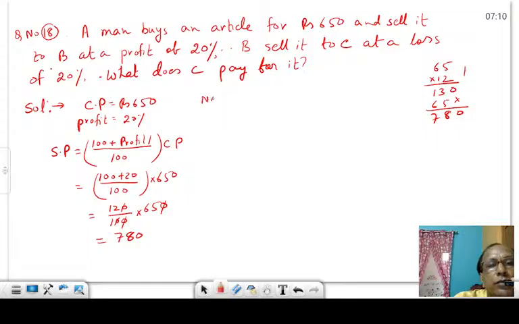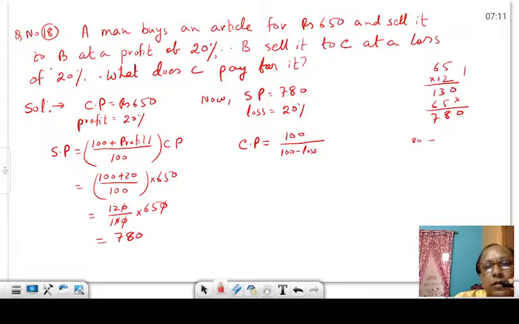Now, B sells it to C. Selling price is equal to rupees 780, and at a loss of 20%, loss is equal to 20%. Therefore, find the cost price. The formula for cost price is 100 divided by (100 minus loss percent), into selling price.